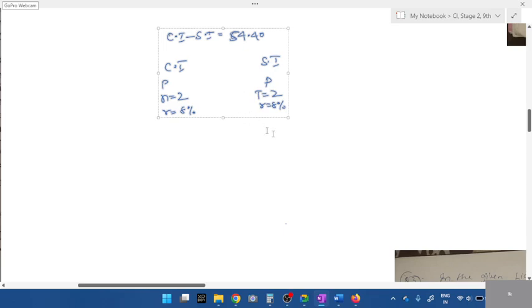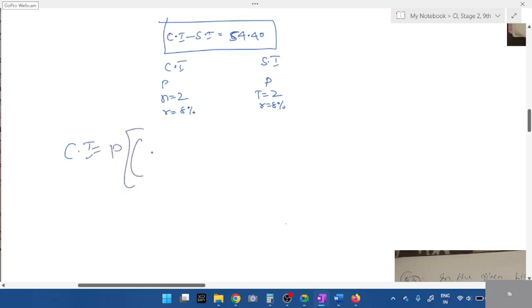According to the question, I've written the equation on top. Okay, this is the equation. Compound interest is... what is simple interest?